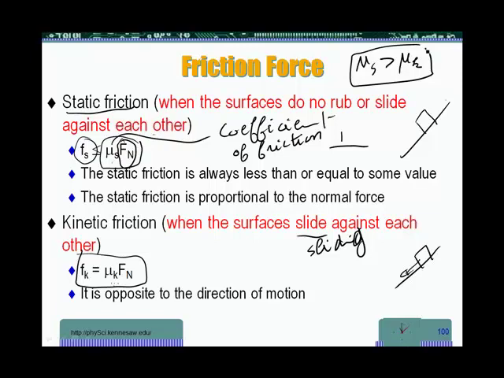In addition to that, the physical structure of those surfaces. Are they smooth? Are they rough? That's going to play a role as well. Now, you need to be careful, rough does not always mean that mu is larger. You have noticed quite often you put two pieces of glass against each other, and you'll have a hard time getting them off each other.